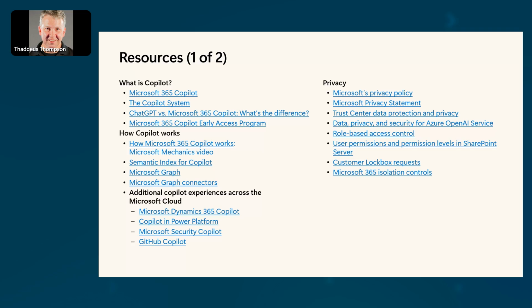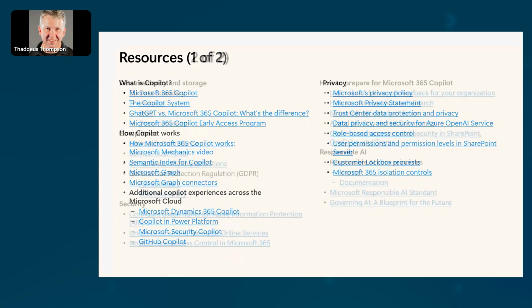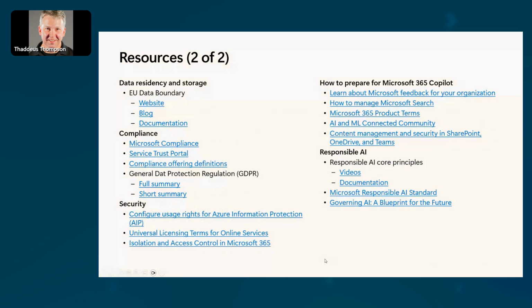And so lots of links here, lots of information around privacy. Your IT department will very likely ask those questions. And then also some links for learning and just general documentation and how to begin to use it and take advantage of it.